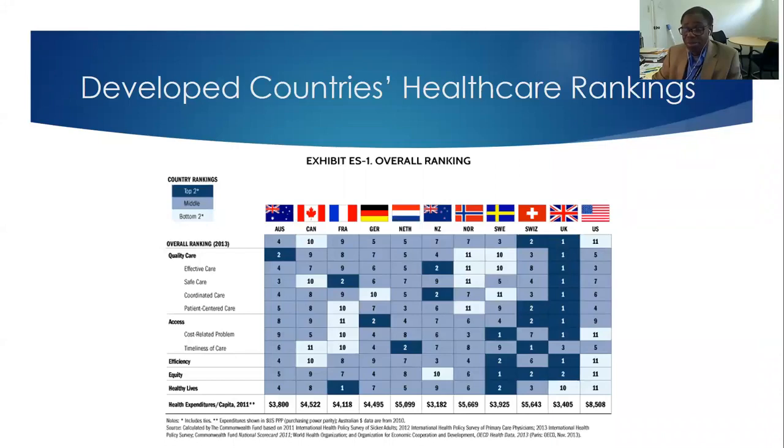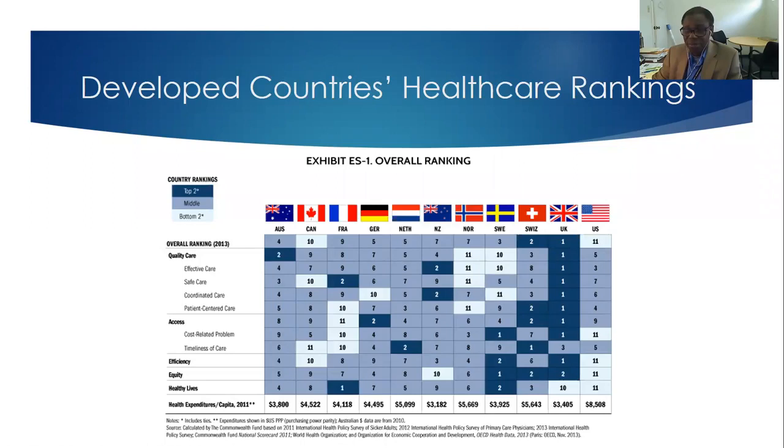Most people assume that because the US has such an advanced healthcare system, we surely have the best healthcare ranking and outcomes. However, this slide will tell you a different story. The countries are listed at the top of the table with their flags in alphabetical order.